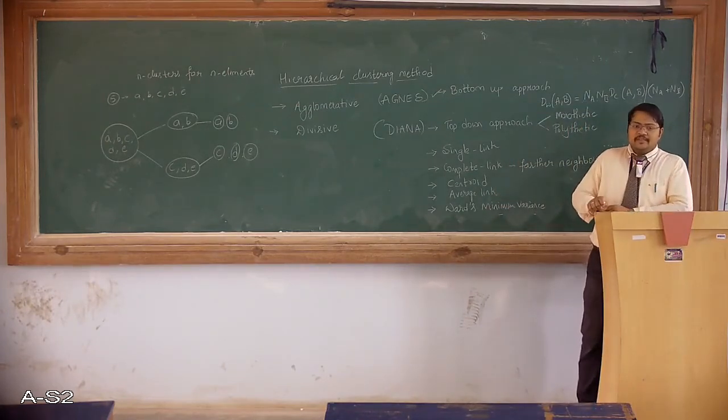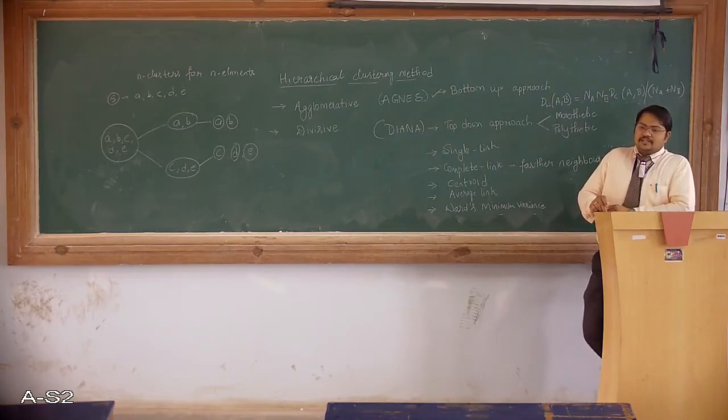Understood? So I will repeat, if the clustering division is happening on a single attribute at a time, we call it monothetic. If the division of the clusters is occurring on multiple attributes at a time, we call it the polythetic clustering method.